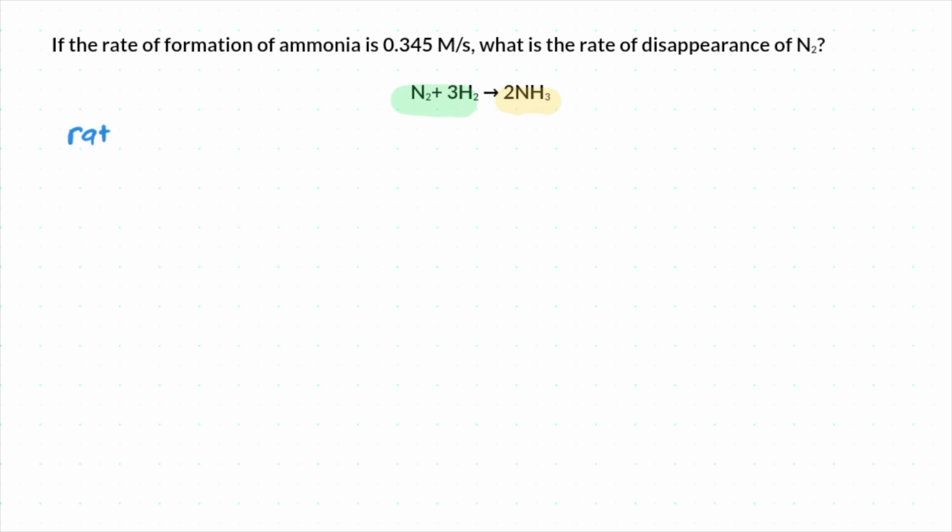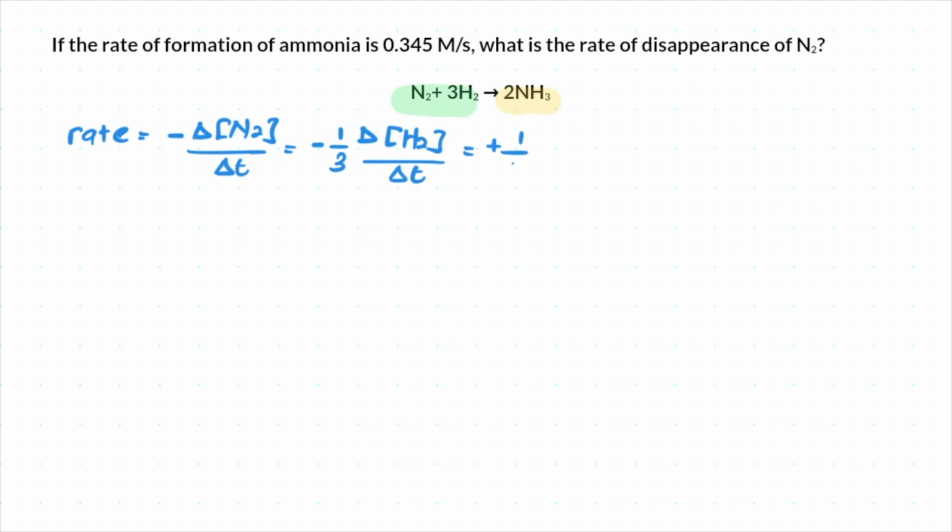So we are going to write the rate expression. So rate is equivalent to negative delta concentration of N2 over delta T is equivalent to negative 1 over 3 delta concentration of H2 over delta T is equivalent to positive 1 over 2 delta concentration of NH3 over delta T. So now we need to check the question again.